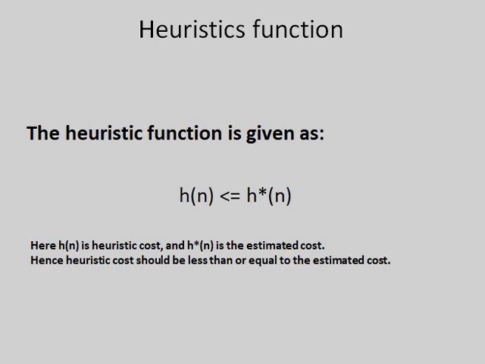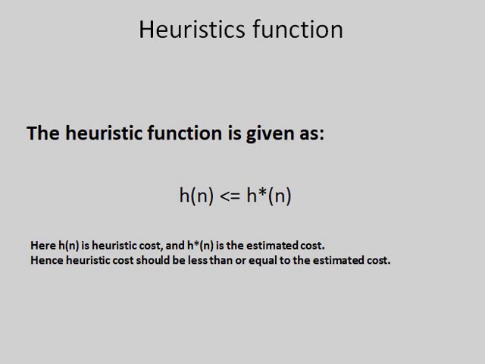The heuristic method might not always give the best solution, but it is guaranteed to find a good solution in a reasonable time. The heuristic function estimates how close a state is to the goal, and it is generally represented as h of n, and it calculates the cost of the optimal path between the pair of states.